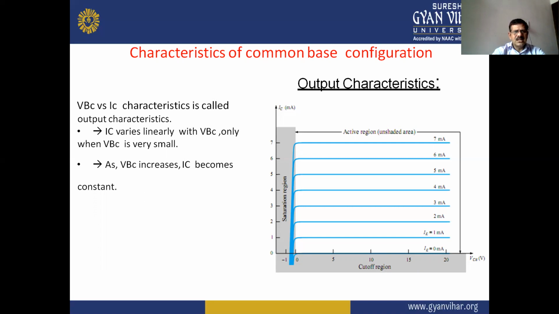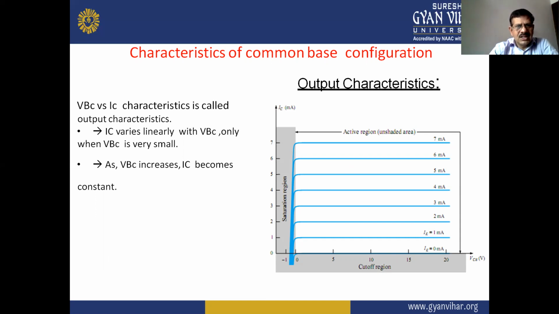So IC, or collector current or output current, varies linearly with output voltage, the base to collector voltage, only when VBC is very small.